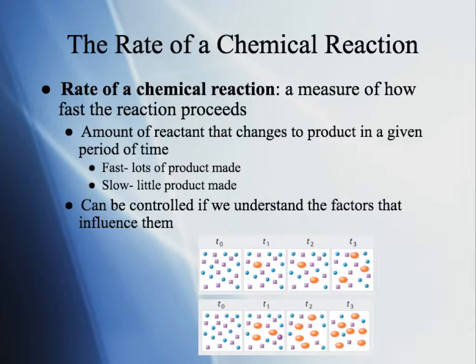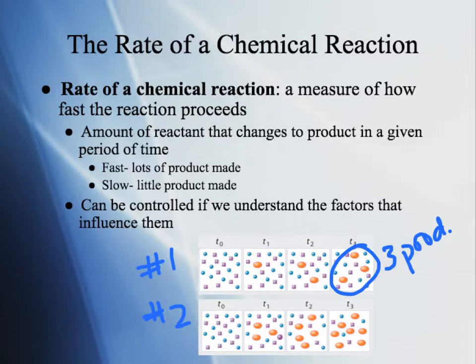So if we take a look here at the bottom picture, we can see two different reaction rates, number 1 versus number 2. We can see in number 1, at the end of T3, we get 3 products.